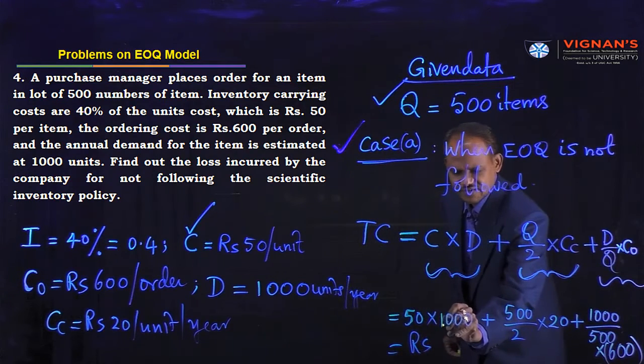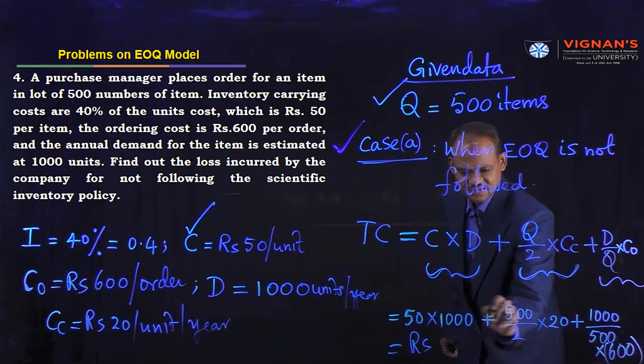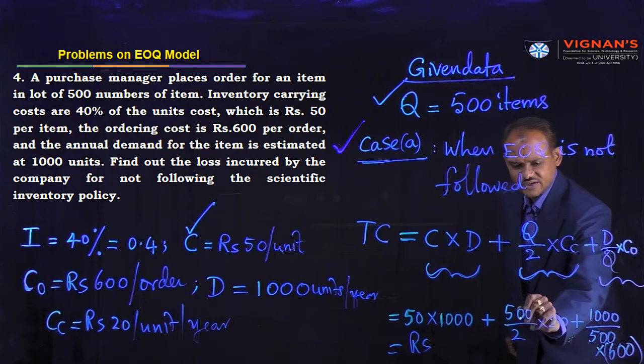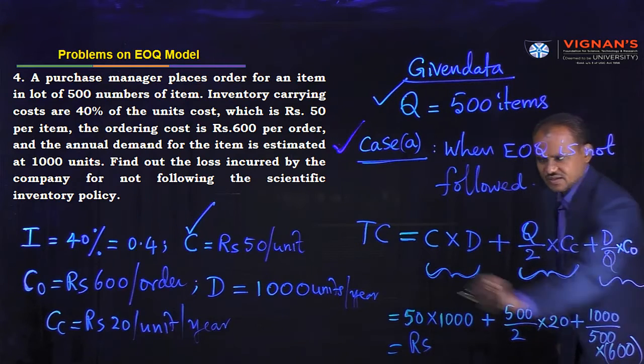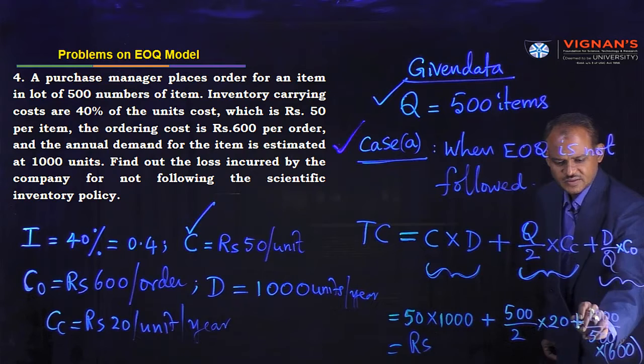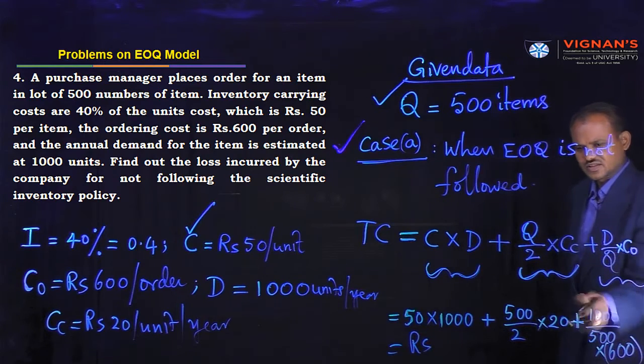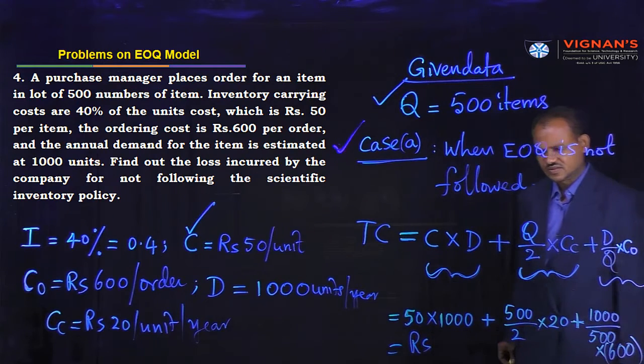C into D, D is equal to 1000 plus Q by 2 means 500 divided by 2 into CC means 20 rupees per unit per year plus D by Q into CO. Just we have substituted all the values.